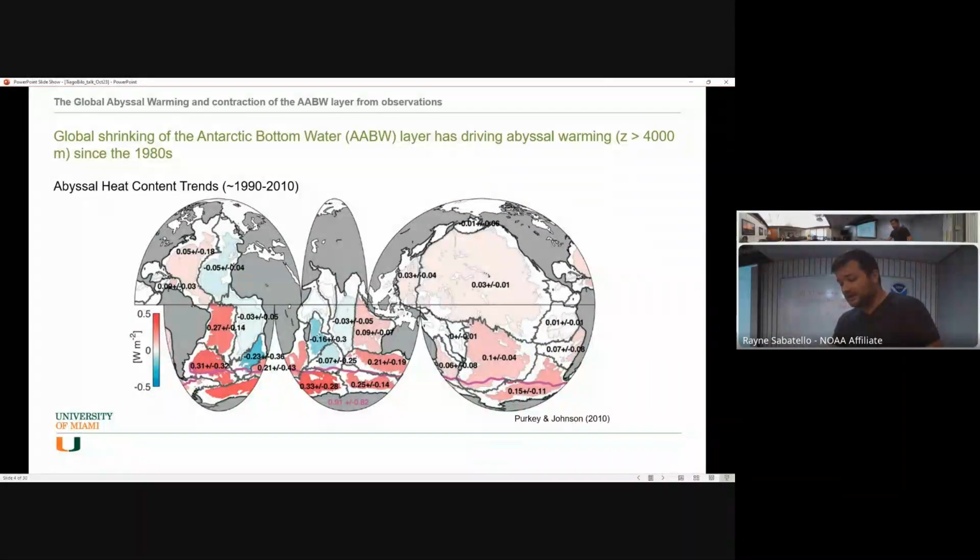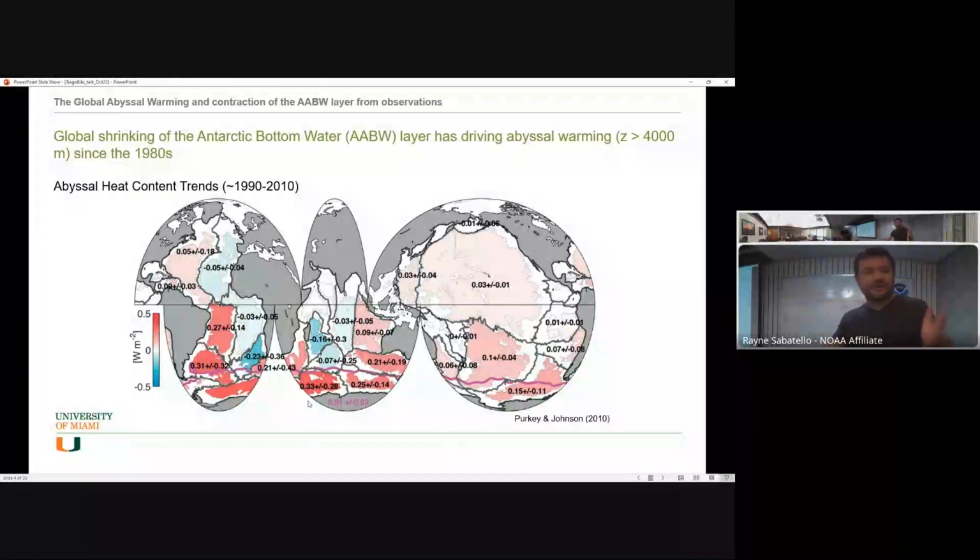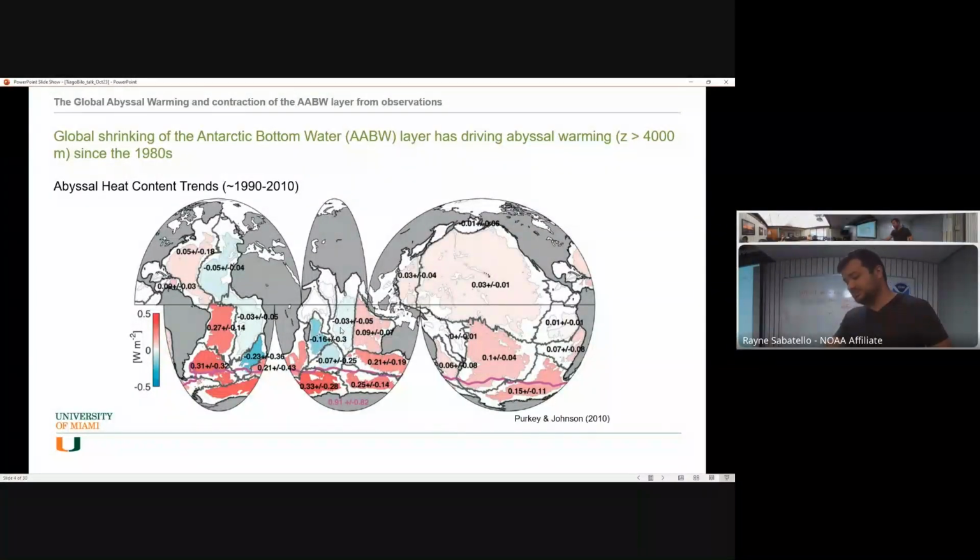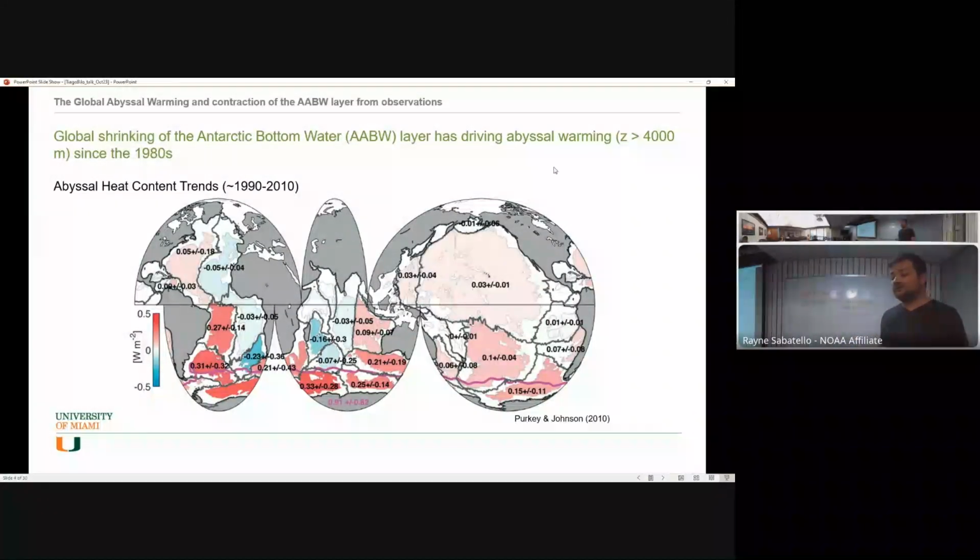That's everywhere, except a few areas like the Eastern Atlantic Ocean, right here, and the Western Indian Ocean. But as a rule of thumb, we find very consistent and robust warming. And that has been related to the shrinking of this cold Antarctic bottom water layer.